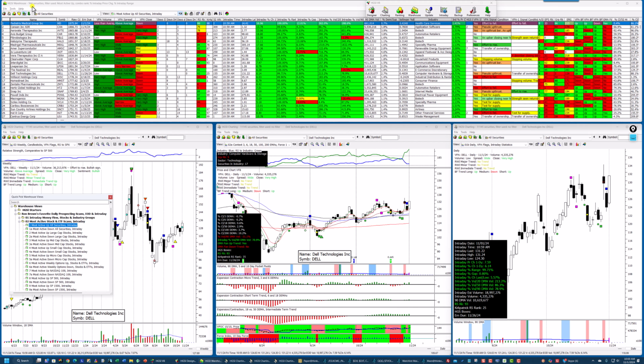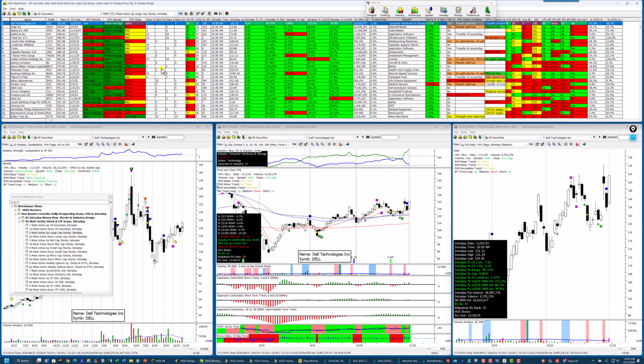So what I'm going to do is narrow this down. I'm going to go to most active up large cap stocks intraday, and there are 261 of these. Now, these different capitalizations are updated every day when the SmartGroups are updated.